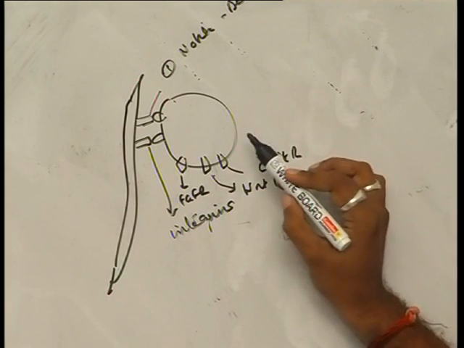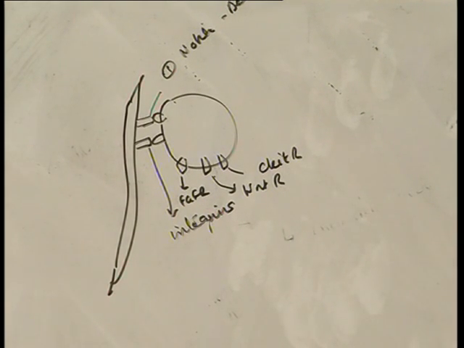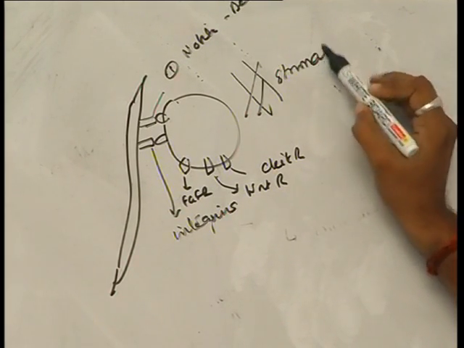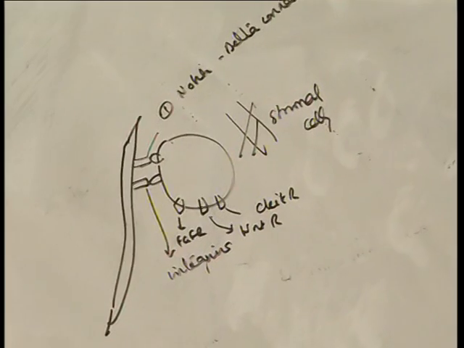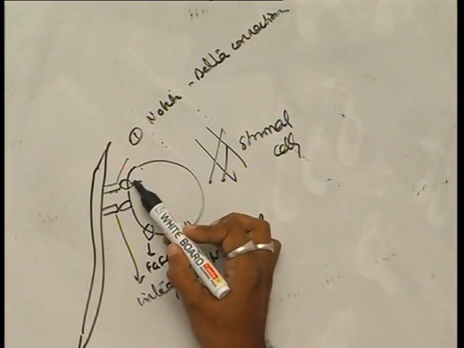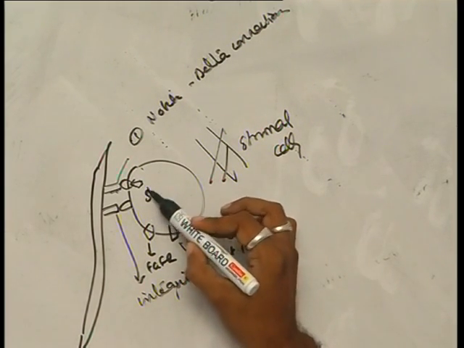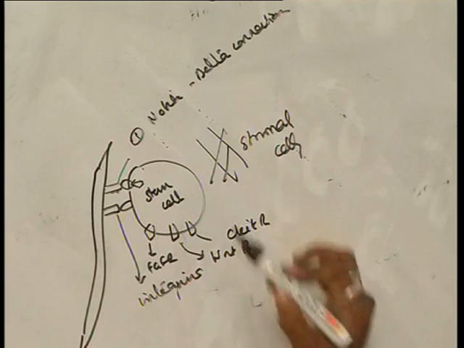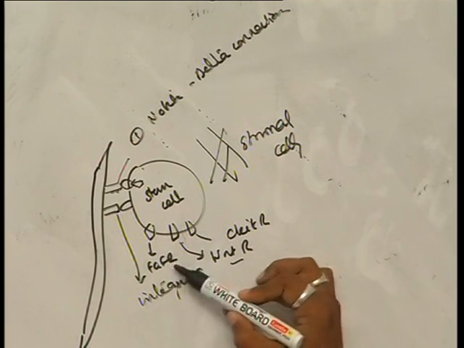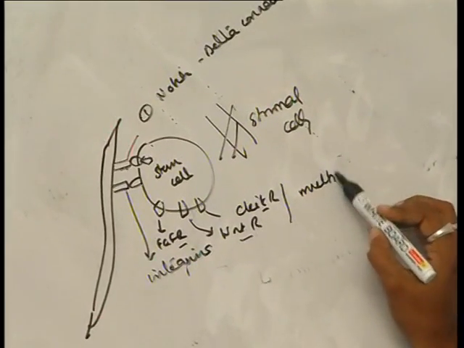So what happens here, these are the stromal cells. I'll just give the brief idea. So long as the Notch and Delta connection is there, the cell receives a signal that it is a stem cell. Other signals, WNT, c-KIT and other things, go for multiplication.